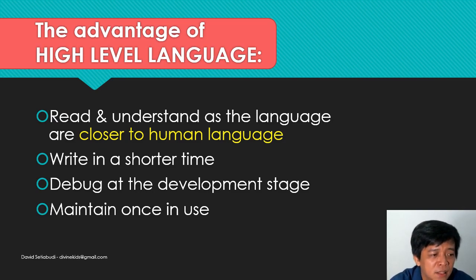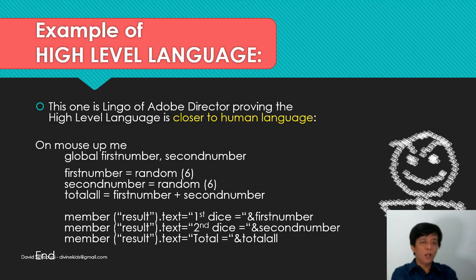And then the fourth one is maintain once in use. Get it? Okay, I'm going to give you an example of high-level language, which is a script I created using Adobe Director. So high-level language is closer to human language.